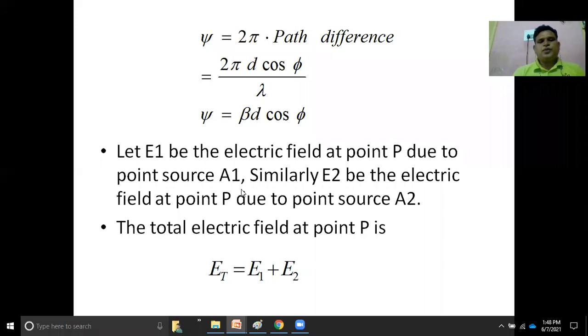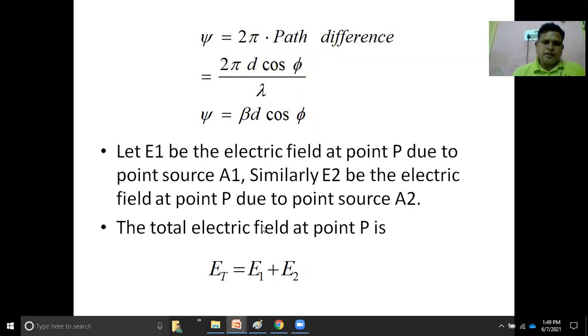Here we are assuming that at antennas A1 and A2 there are two isotropic antennas. Let us assume the electric field due to the isotropic antenna A1 is E1, and E2 is the electric field intensity due to the isotropic antenna at A2.